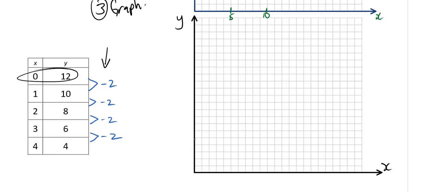1, 2, 3, 4, 5, 6, 7, 8, 9, 10. So I start at 12. And then when I go over to 1x, I'm at 10. So 1x is 10 because I've gone over and I've gone down 2.